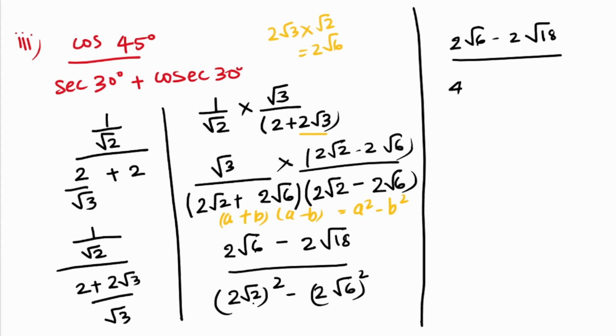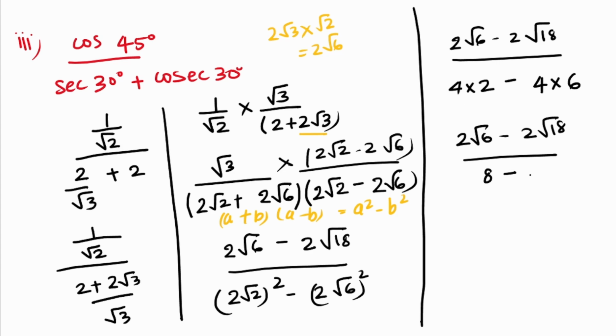Then the square of root 2 is 2 itself, so we have 4 into 2 minus square of 2 is 4, then square of root 6 is 6. So you have 4 into 2 is 8 minus 4 into 6 is 24. You have 2 root 6 minus 2 root 18 divided by 8 minus 24 is minus 16.